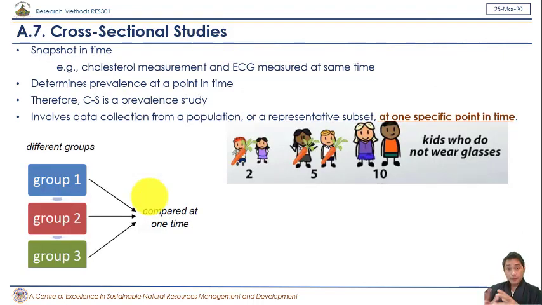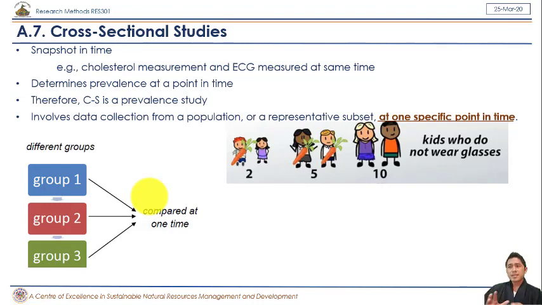The other kind of study is cross-sectional studies. This is a study which is taken at a specific point of time. A cross-section is just dissecting anything at one point. So right now we are looking at the time.